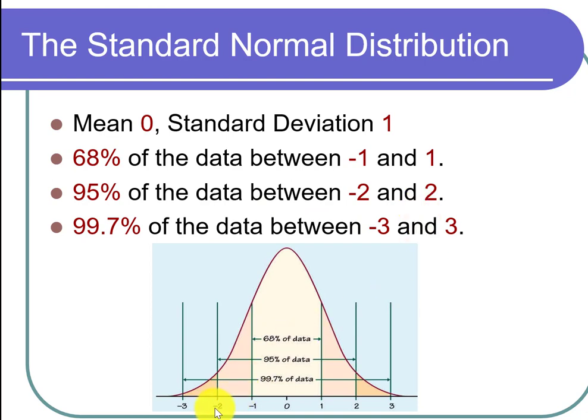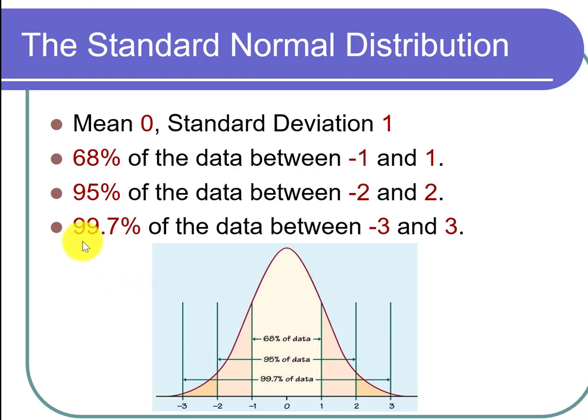So if we go from z equals -2 to z equals 2, then that area will comprise 95% of the total area, or the probability of being between -2 and 2 is 0.95.